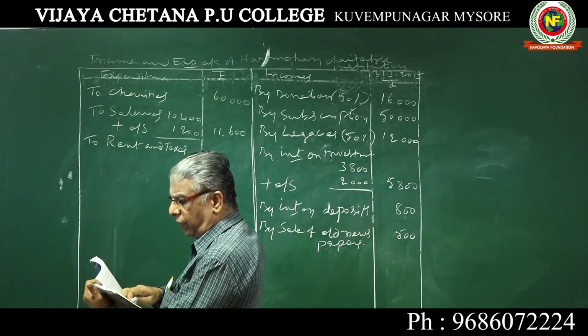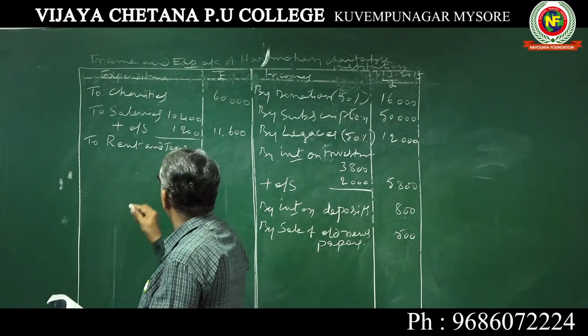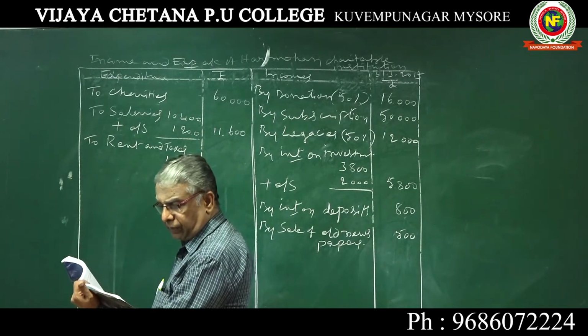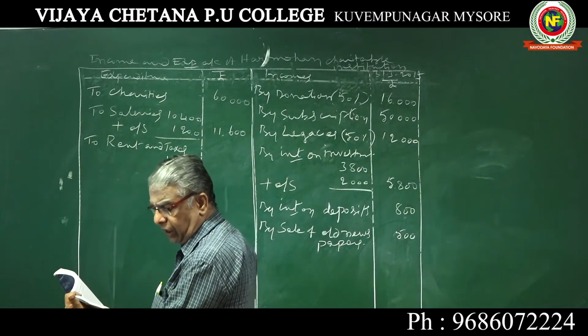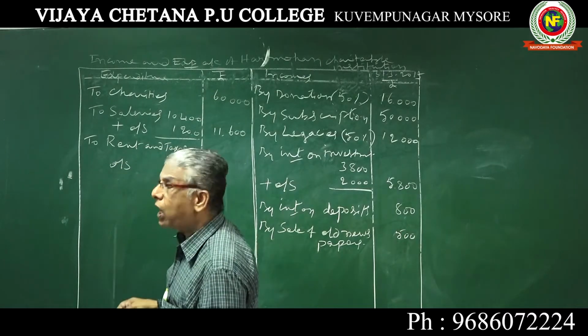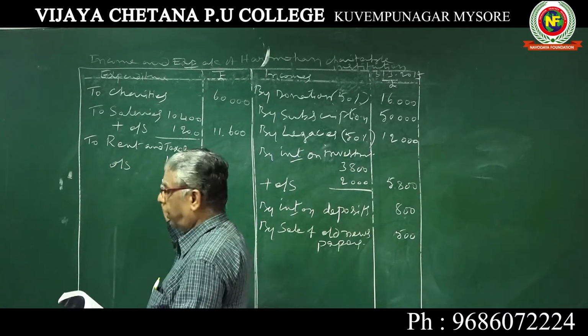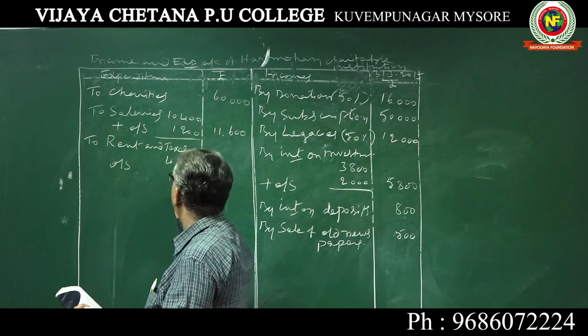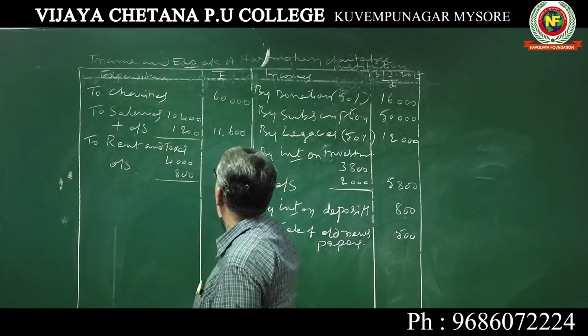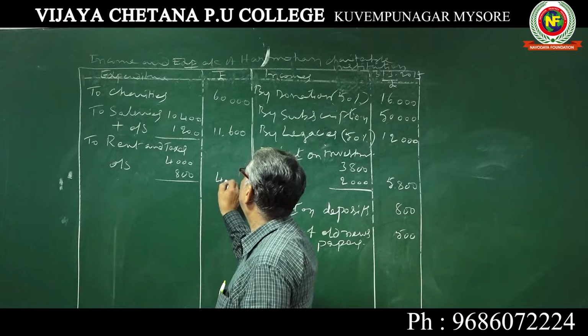Here he has given rent and taxes 4,000. For this also one adjustment is there: outstanding liability of 800 rupees. O/S stands for outstanding rent, rupees 800. So total is 4,800.